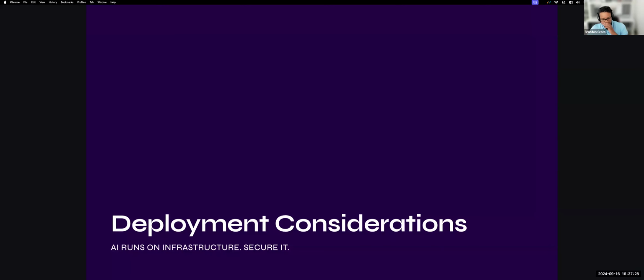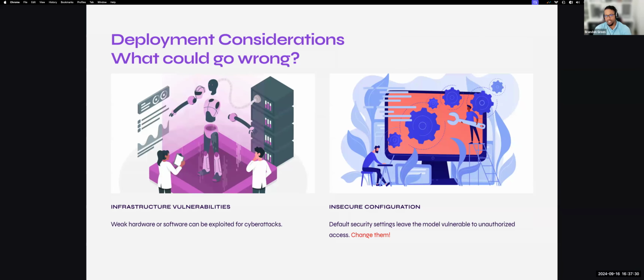For deployment considerations, I always give the analogy that all AI runs on computers. We've all been in cybersecurity long enough that we more or less understand best practices for securing infrastructure. This is no different with AI.